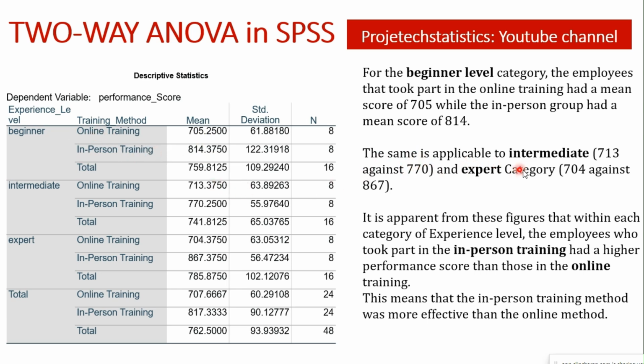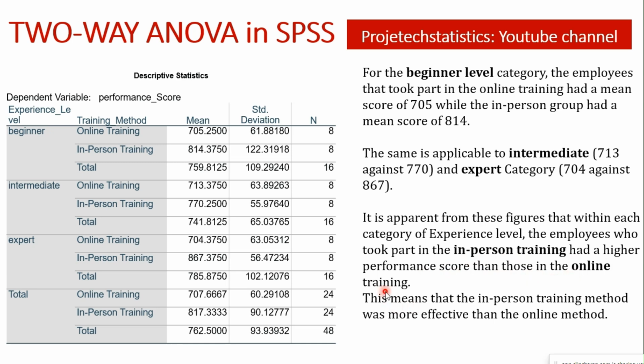The same is applicable to the intermediate level. We have 713 against 770. So you see that for each of these here too, we have the in-person training scoring 867 against 704. So it's apparent from this figure that within each category of experience level, the employees who took part in the in-person training had a higher performance score than those in the online training.